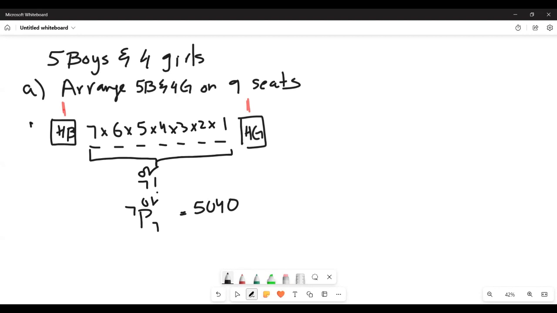This is part B: the first seat has to be taken by a head boy, the last seat by the head girl. So there are 5040 ways of this happening.